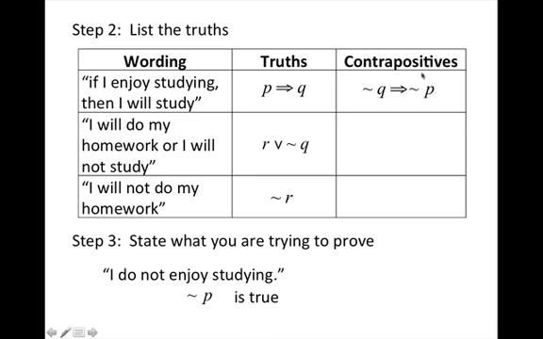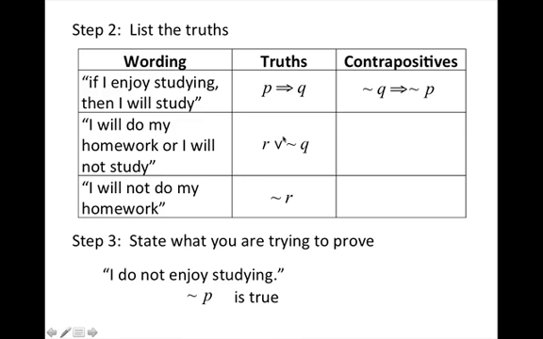So if I'm trying to prove this is true, I'm going to use the fact that my contrapositive is true, and that means I need to show that not Q is also true. Well, look at where else not Q occurs. Not Q occurs in my OR statement.